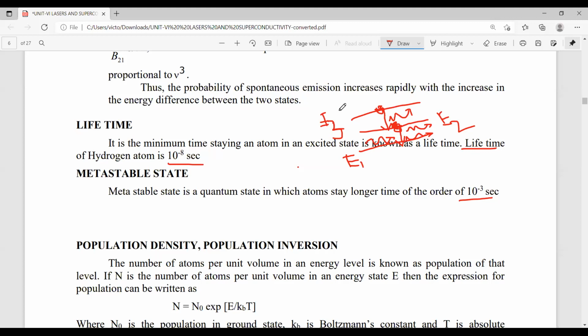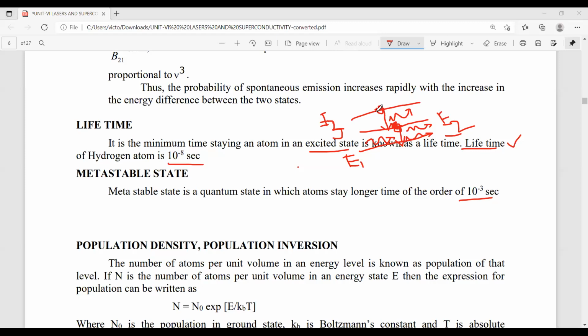So this E3 energy level is nothing but the excited state, because here the lifetime is 10 power minus 8 seconds. But the atom stays more time at the E2 energy level, and that lifetime is 10 power minus 3 seconds.